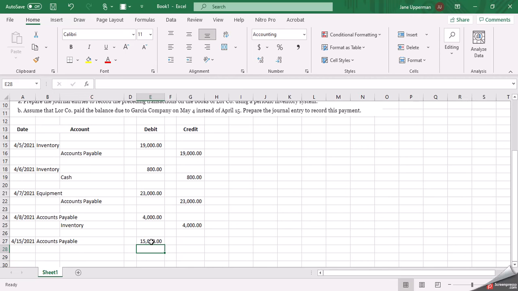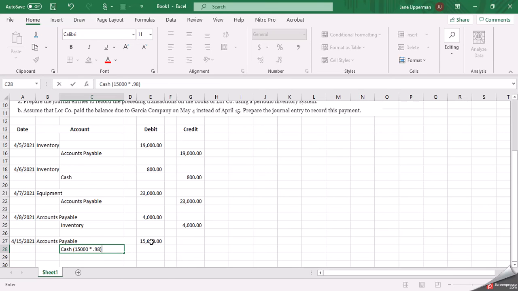Okay, then we are going to credit our cash, but our cash is going to be the $15,000 times 0.98.